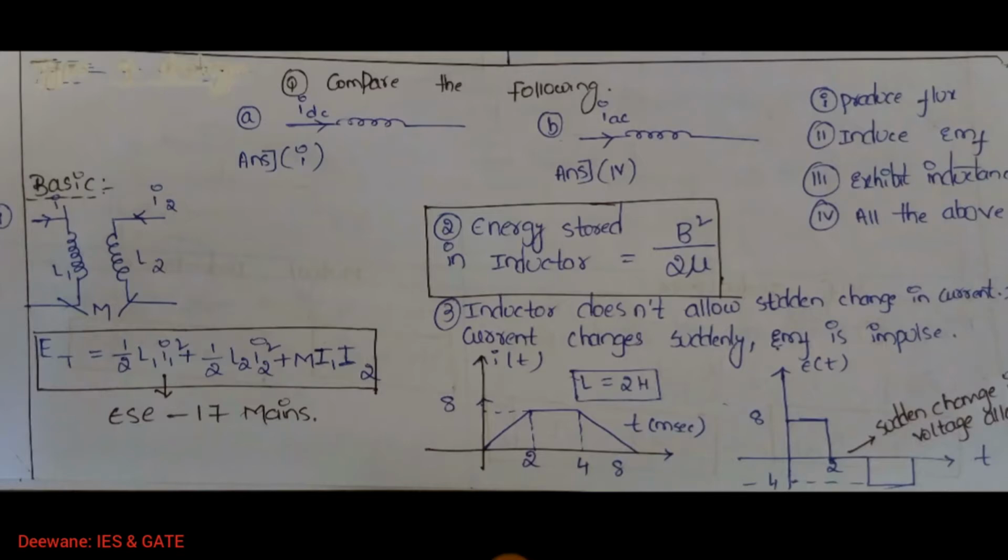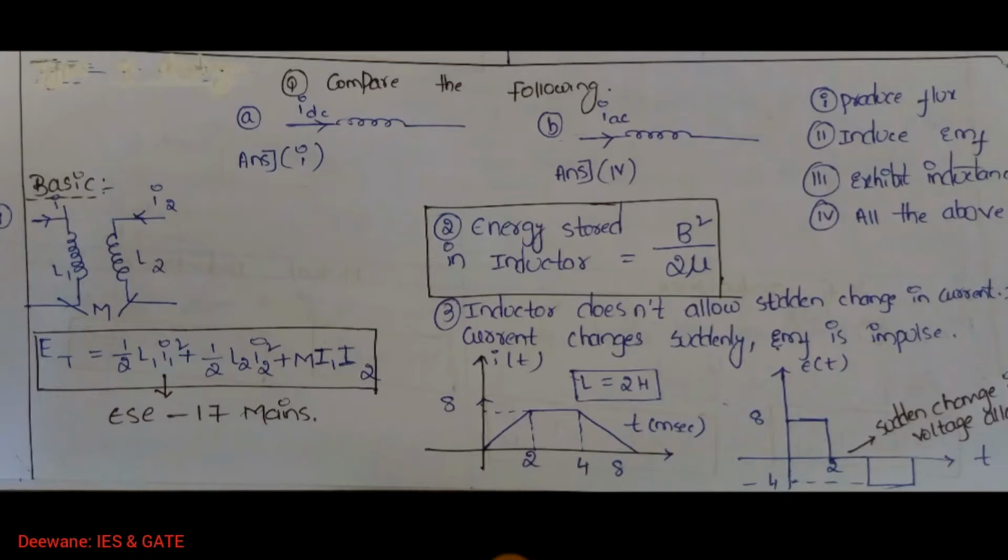One thing you note, friends: if you apply DC to an inductance, only flux will be produced, because the flux produced is stationary with respect to time. Here the conductor is stationary and the flux is stationary, so no EMF is induced. For production of EMF, there must be a conductor, a flux, and a relative motion.